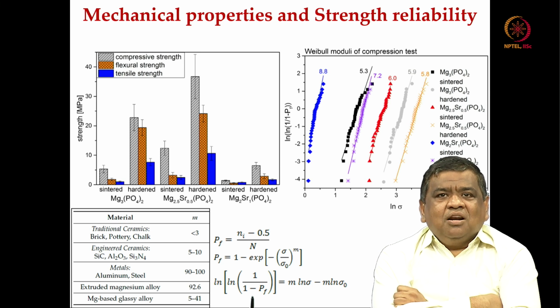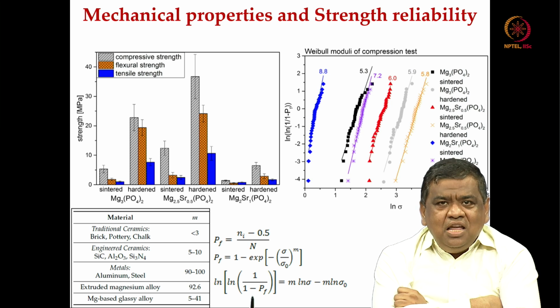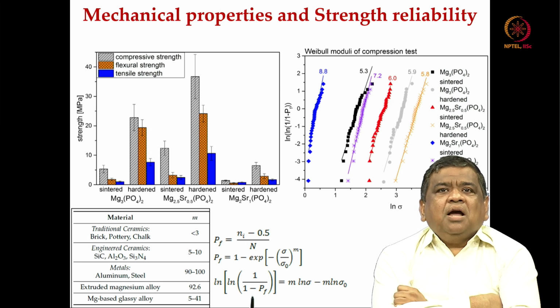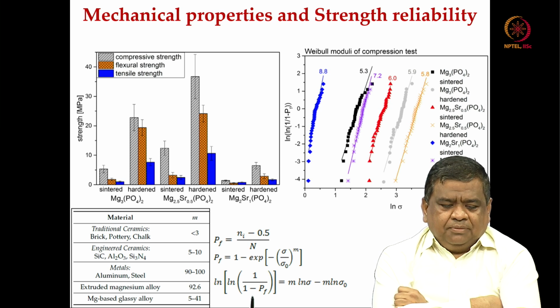A reliable measure can only be assessed by measuring the Weibull modulus, that is the slope of the weakest link fracture statistics.